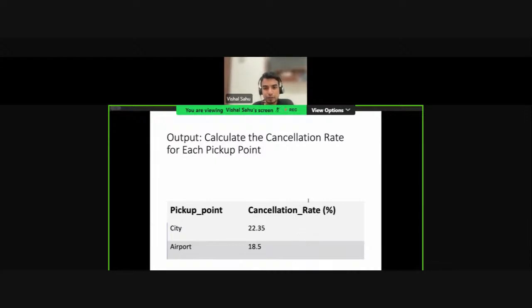We need to reduce the cancellation rate of city. Yes, lowering the fares. One of the reasons behind this cancellation rate could be that in city we face a lot of traffic, like in Bangalore and Gurgaon.